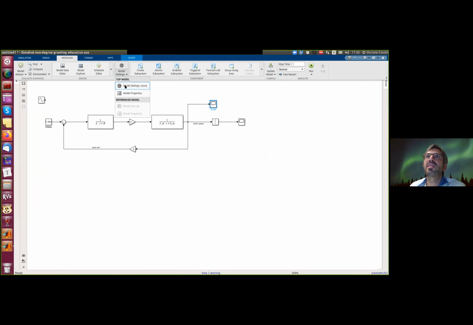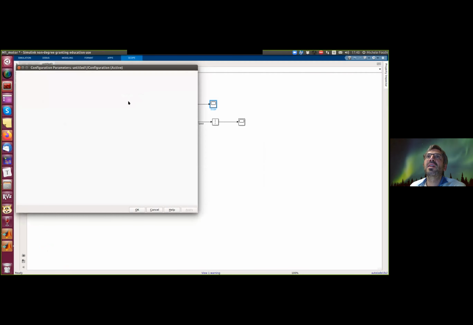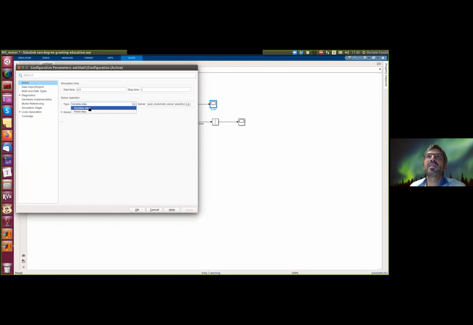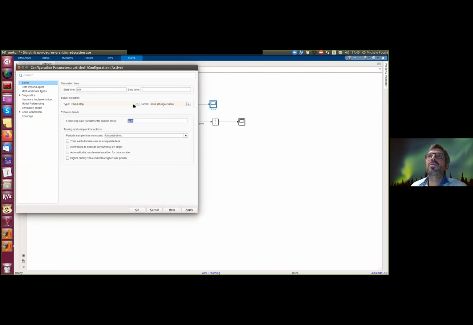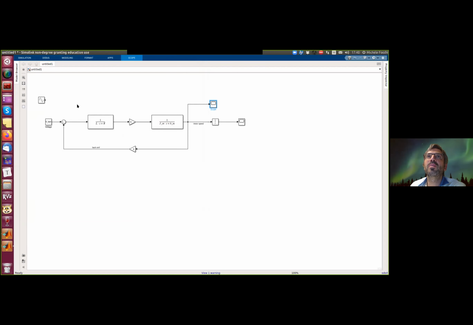Remember to set in model settings the fixed step solver and set our sampling time TS that we computed before.